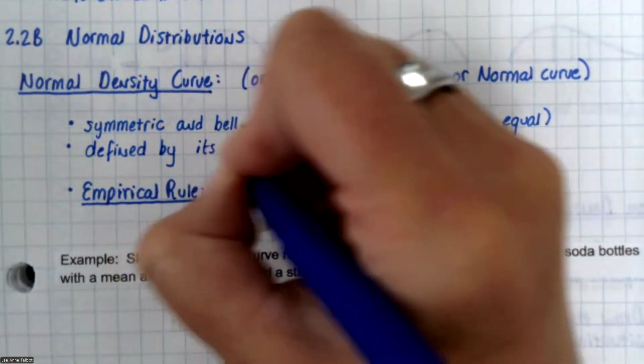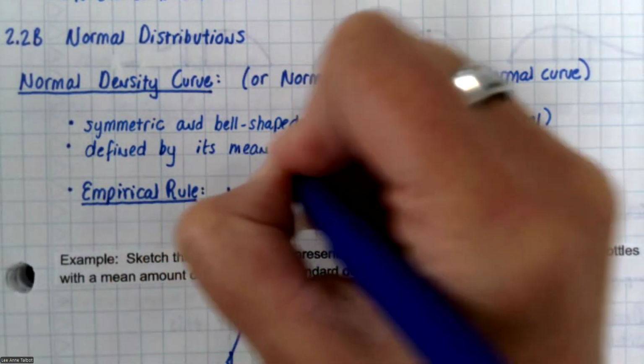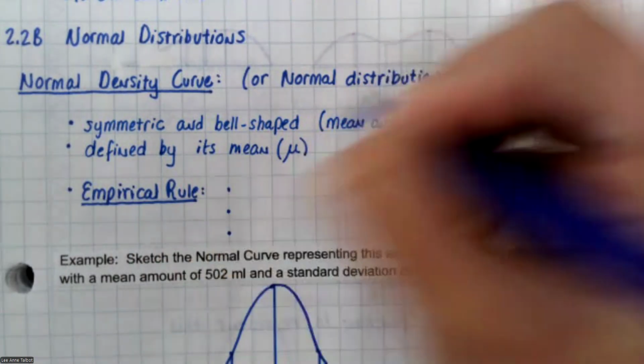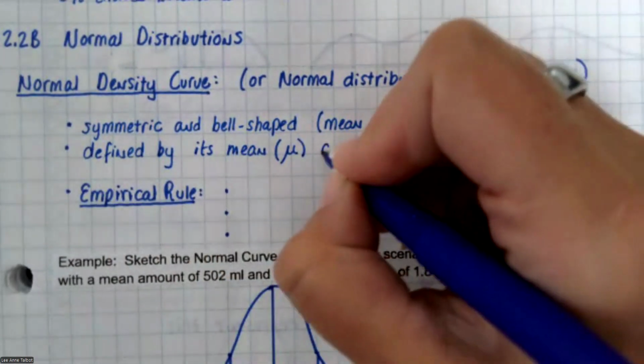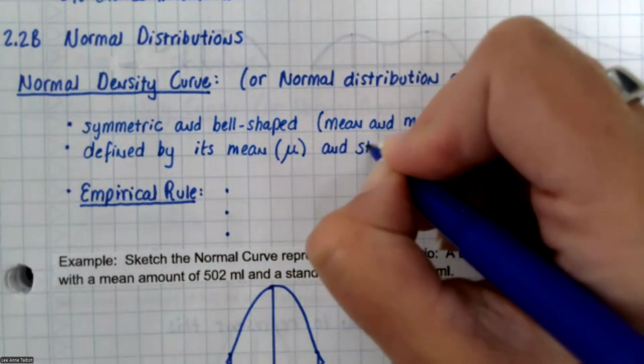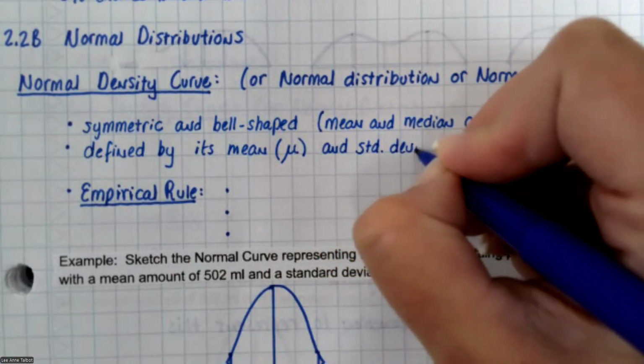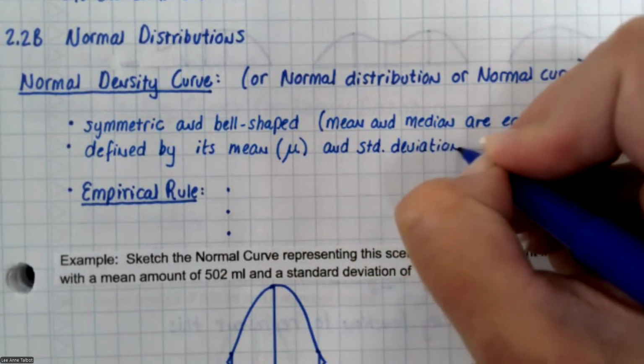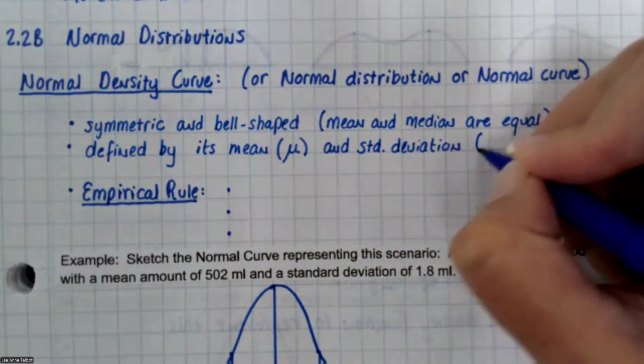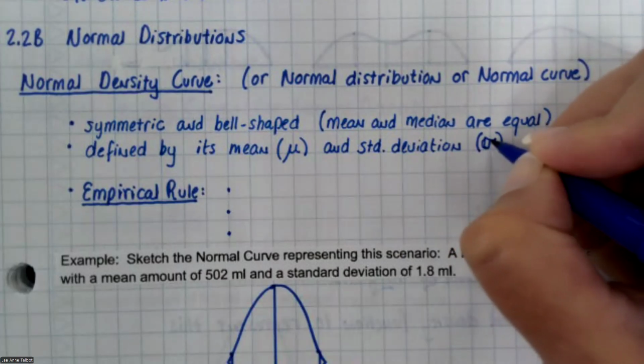It's defined by its mean, which in this case is lowercase mu, and its standard deviation, which is lowercase sigma.